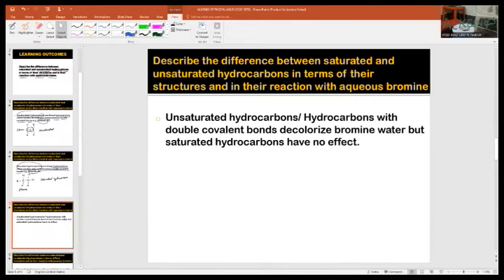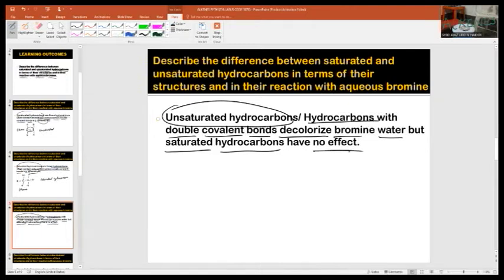Now let's talk about the test that is used to differentiate unsaturated and saturated hydrocarbons or organic compounds. Unsaturated hydrocarbons, or hydrocarbons with double covalent bonds, decolorize bromine water, but saturated hydrocarbons have no effect.